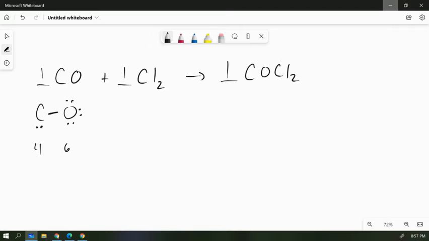That's not done though, because this carbon is not full. So we need to share a pair of electrons as a bond here. Now this carbon has 6, and we need to get to 8. Remember the octet rule. Now we have a good Lewis structure because both carbon and oxygen have 8 valence electrons, and that's 10 total.